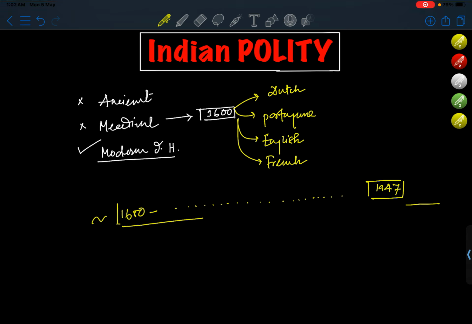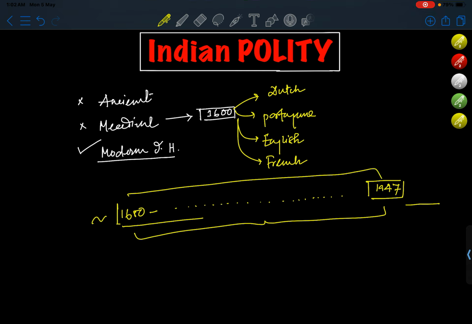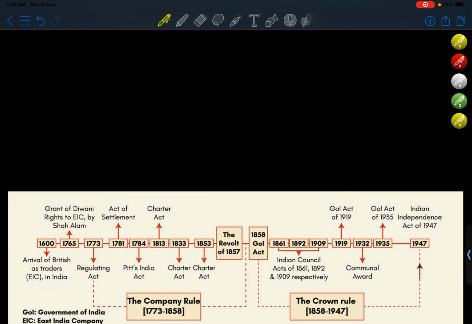In the exam you don't have to remember this, but to understand other concepts like fundamental rights, preamble, and parts of the constitution, you should know this outline, this historical timetable. So let's get started.